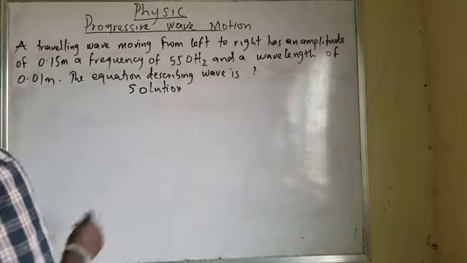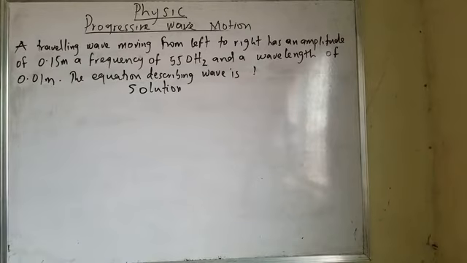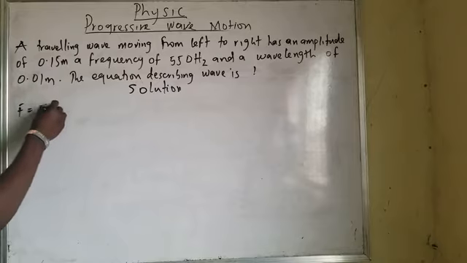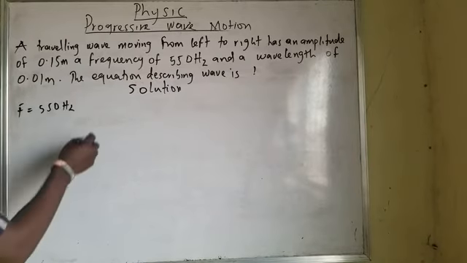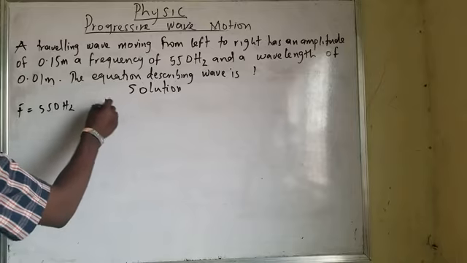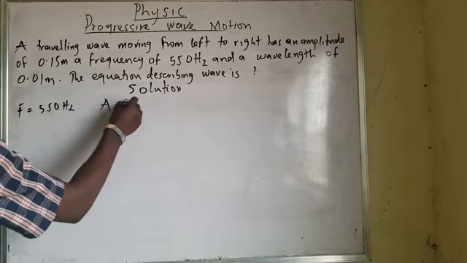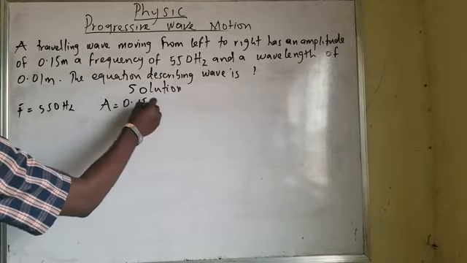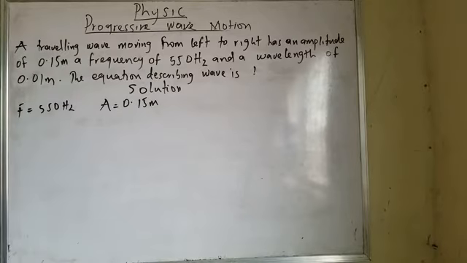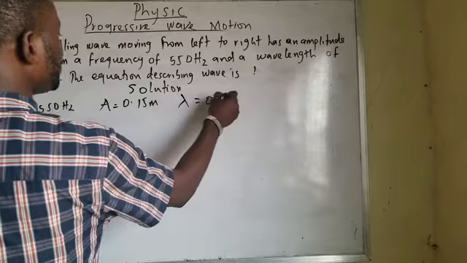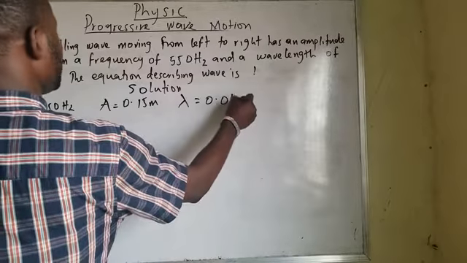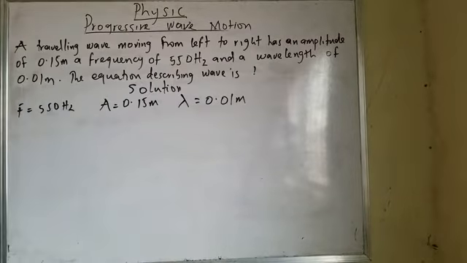Now, look at this problem. It's a very simple one. The first one is the frequency, which is 550 Hz, and the next one is the amplitude. My amplitude is 0.15 meter, and wavelength, which is my lambda, will be 0.01 meter. And what else?